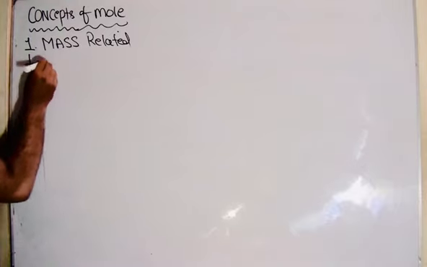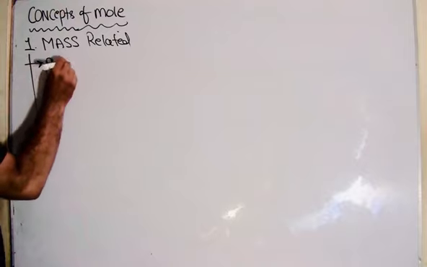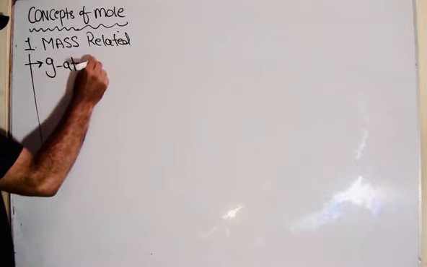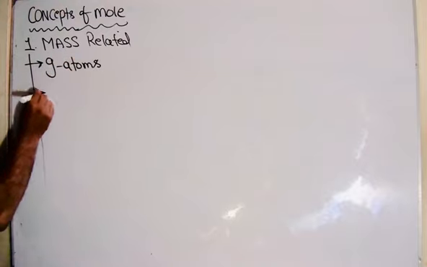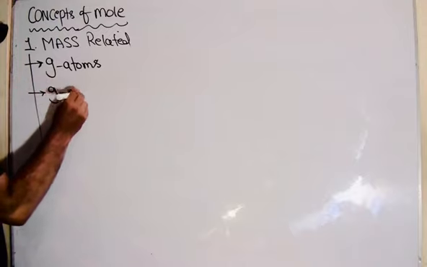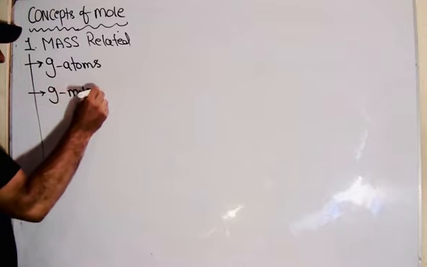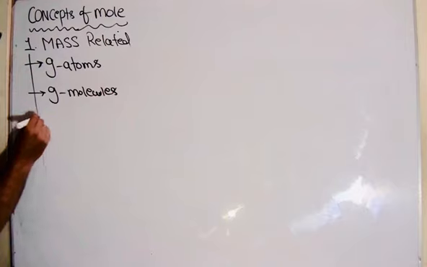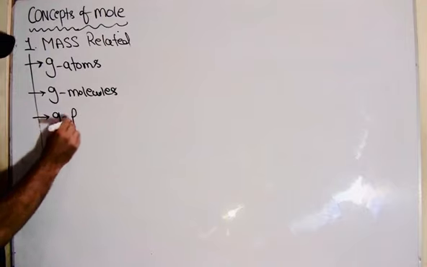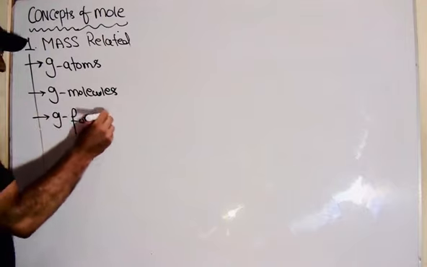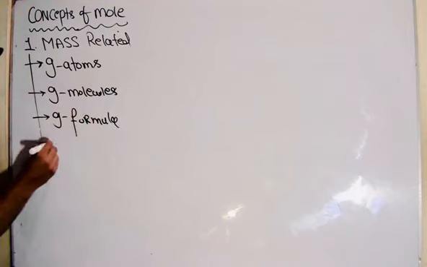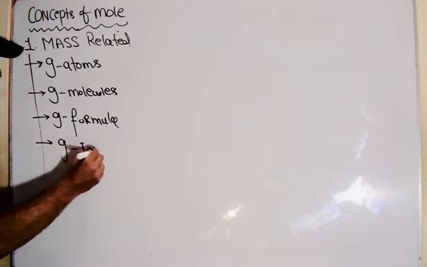First one is gram atoms, second is gram molecules, third is gram formula, and fourth is gram ions.